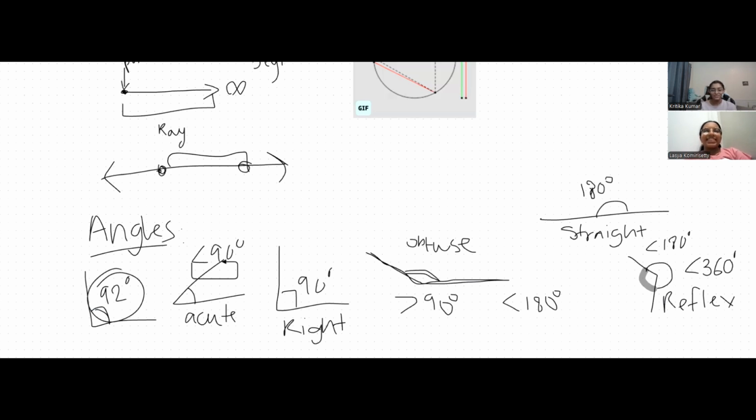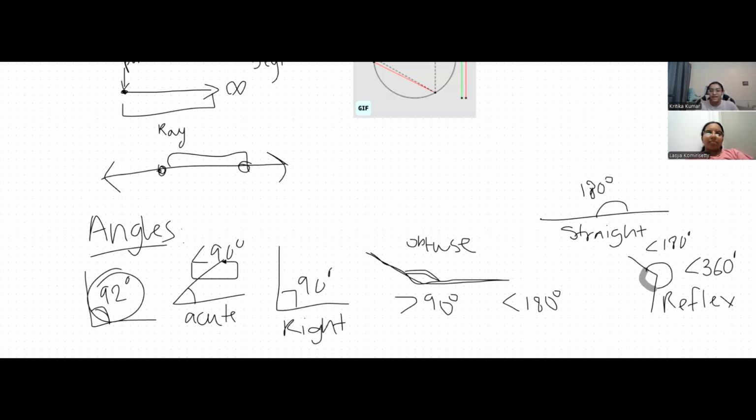But the thing about this that is really fun is that if you look at these angles, let's just make it a little fun, right? Something like a straight angle is really simple to remember, and then let's go to reflex angle.